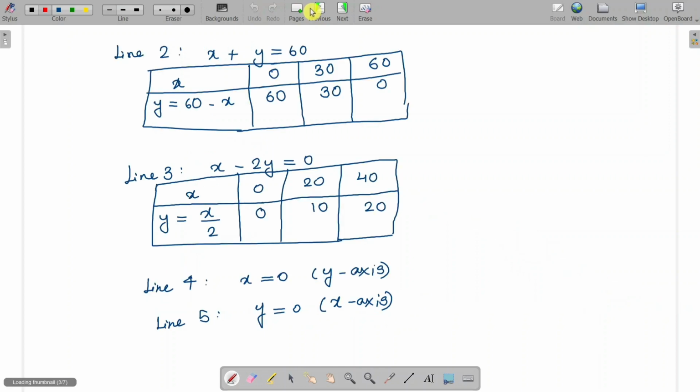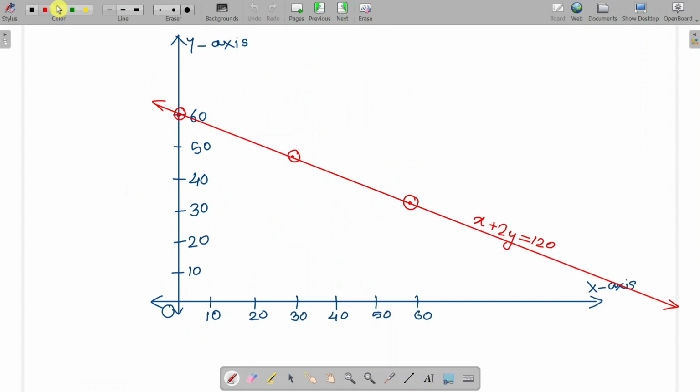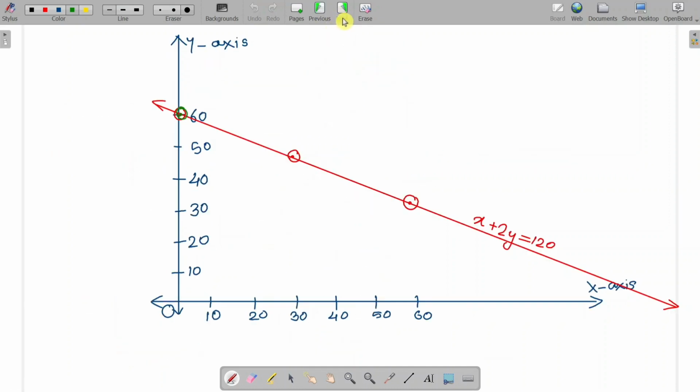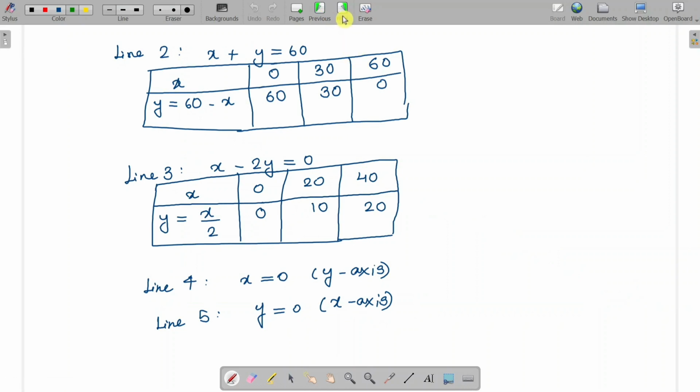Now the second line we will plot. The first point is (0, 60), the same point here, then (30, 30), then (60, 0).